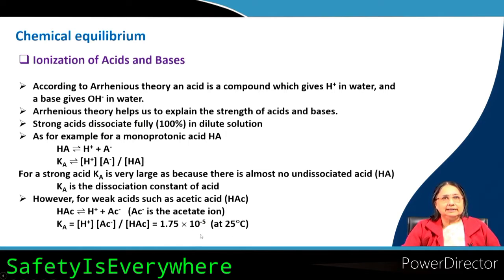At 25 degrees centigrade, it is of the order of 10 to the power minus 5. So, it is a weak acid, it dissociates only a very small fraction, which means the degree of dissociation is low, not like the strong acid.